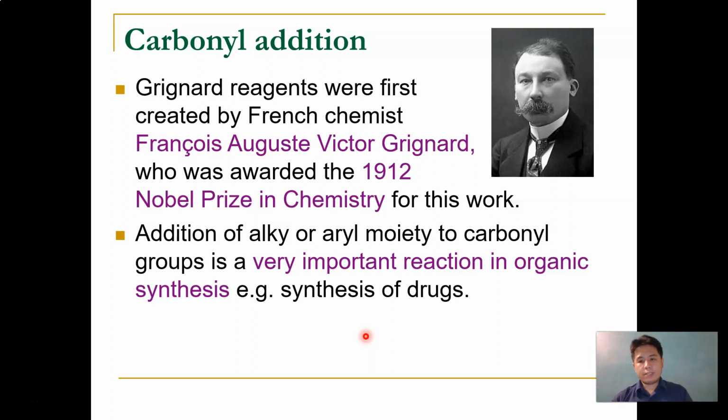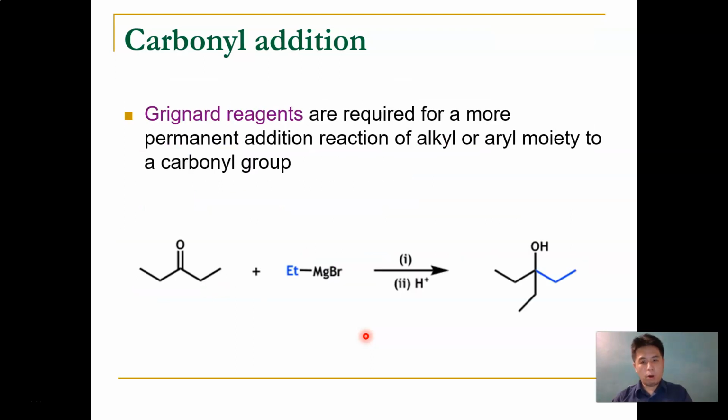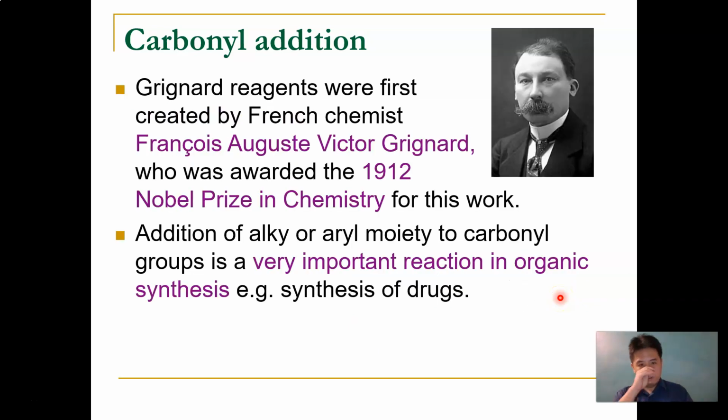If you notice, the new bond formed here is a carbon-carbon bond. So it's one of the few reactions that can form a carbon-carbon bond, and that's why it's very important in many organic reactions to create new organic compounds, or organic synthesis.